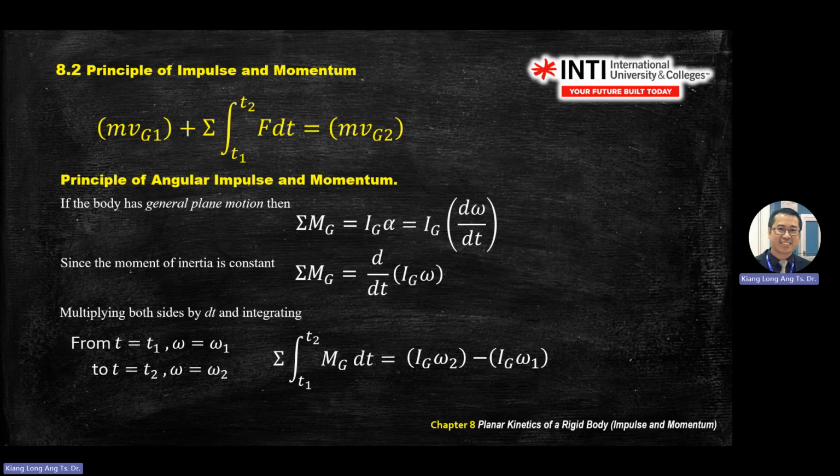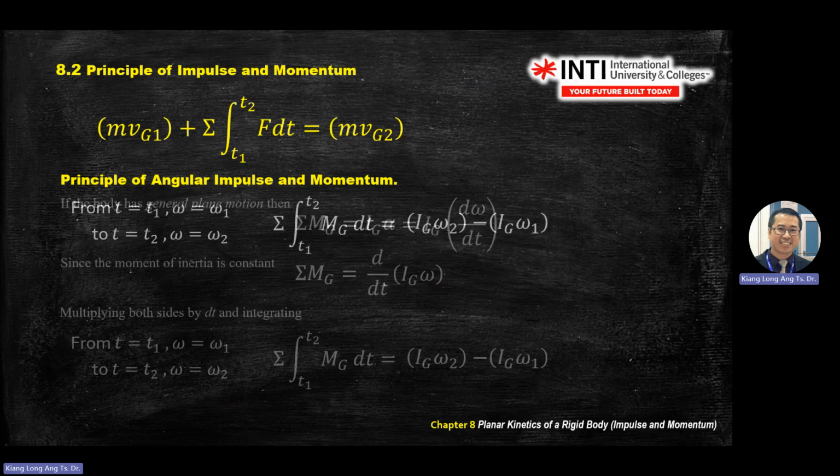M dt, M multiplied by time, gives you angular impulse. I omega is angular momentum. So this is what you learned just now: angular momentum equal to I omega.